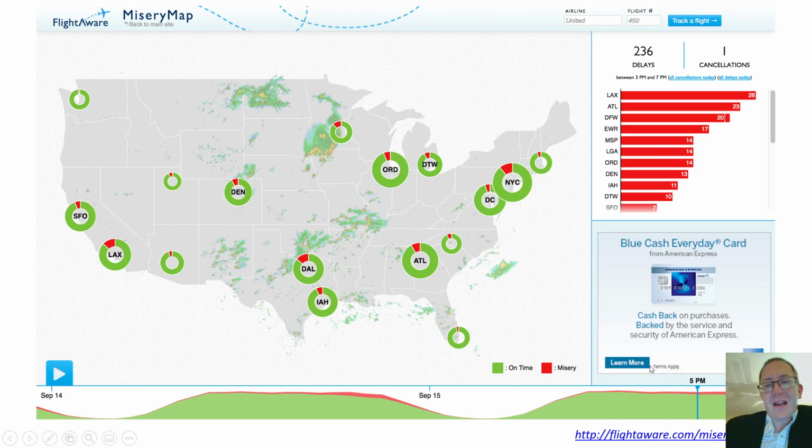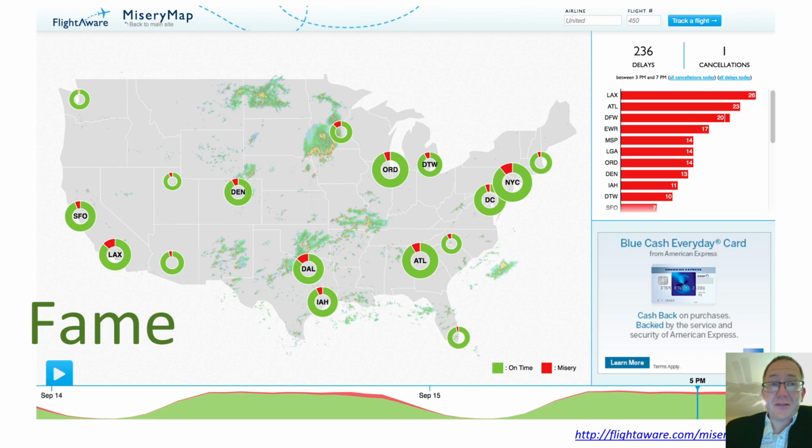And you can see the size of the airport and the number of passengers will be based presumably on the area of each of the circles, and then the percentage of cancellations versus flights that are going well are indicated by the donut chart. So the red is some kind of misery. I thought it was really well done.